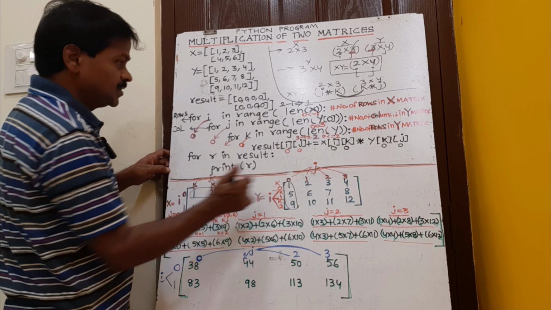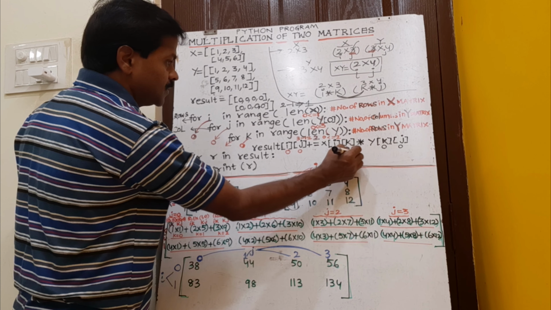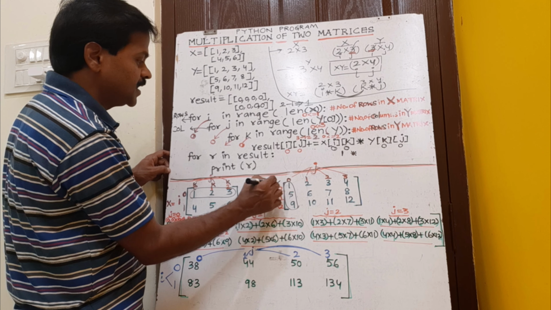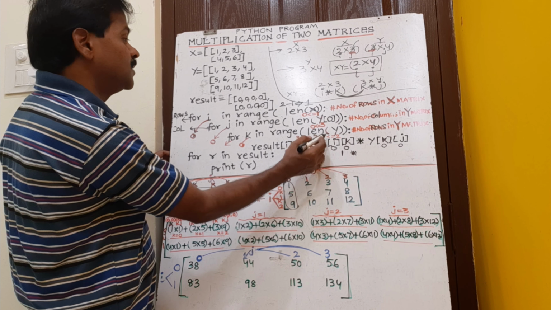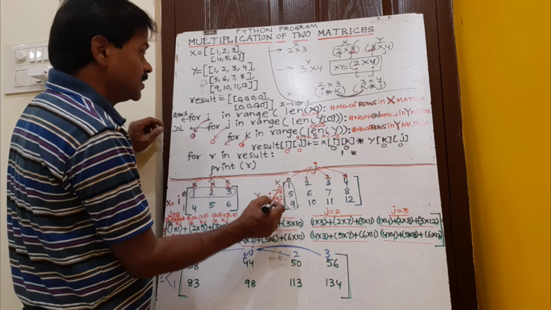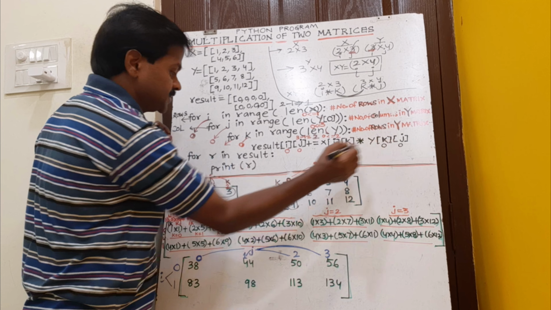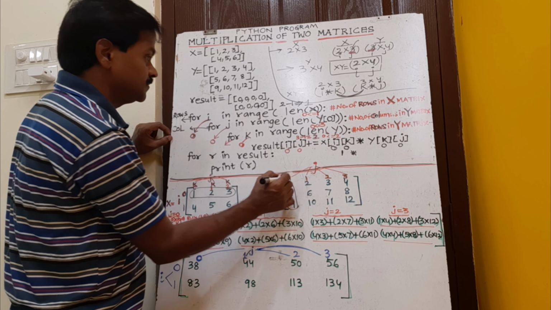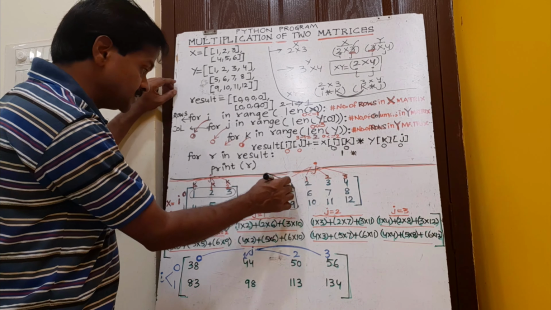What is that I of 0, K of 0? 1. 1 into, next, Y matrix, here we take the number of rows in the Y matrix. How many rows? 1, 2, 3. Okay. So here, Y of Kj, K value, Kj.